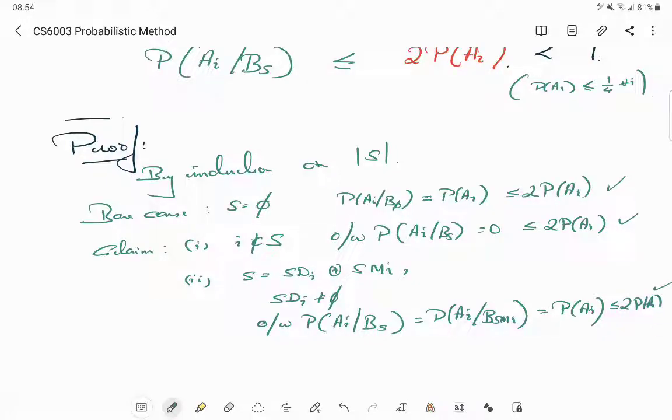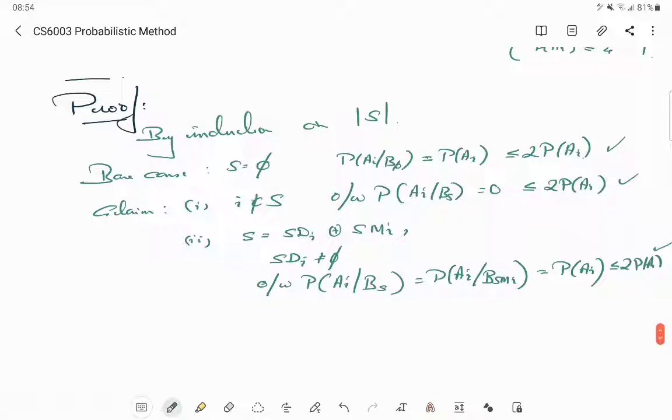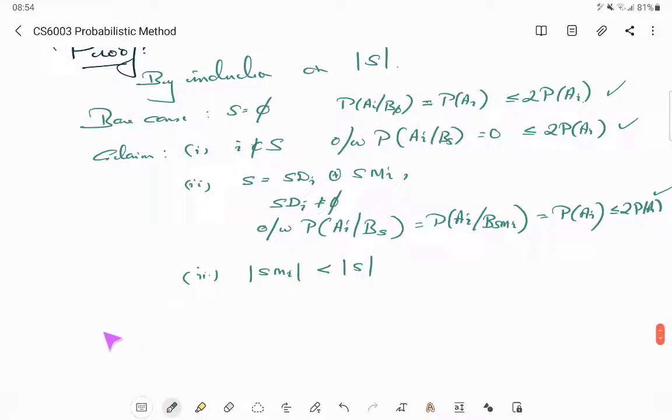So if you check in all these cases, we even bounded it with half of the bound that we are trying to prove. So far we are actually better than this bound by a factor of 2, but the price we will pay will be in the main, the bulk case, not any of these corner cases. And hence we can conclude that SMI is strictly smaller than S, so the induction will apply.